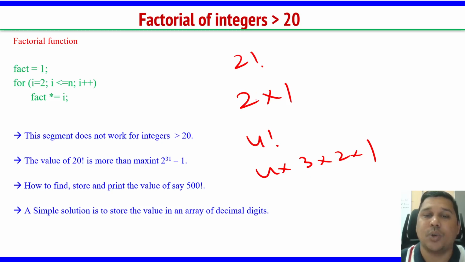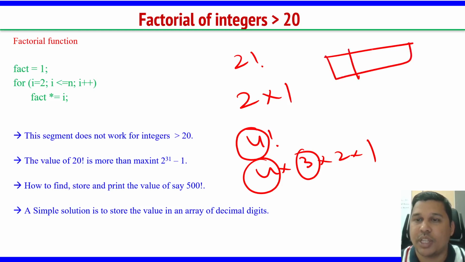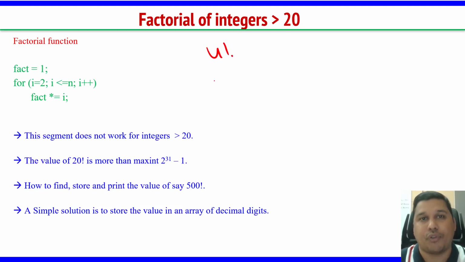So what I am trying to do here: when the n value is given to us, you multiply n with n minus 1 and store the result in an array. Then you multiply that result with the next number. Indirectly, when you want to find 4 factorial, store 4 in an array.